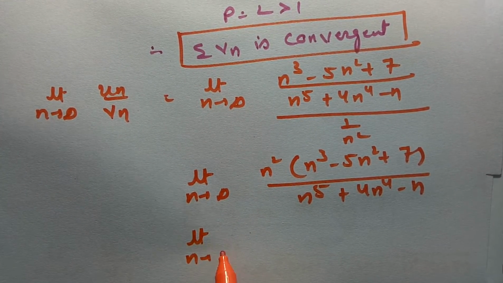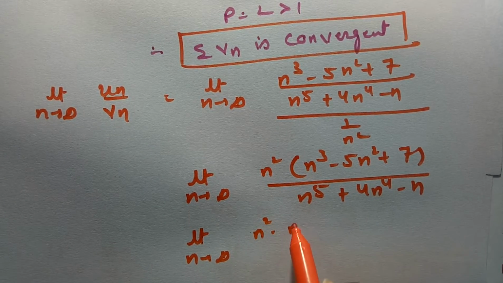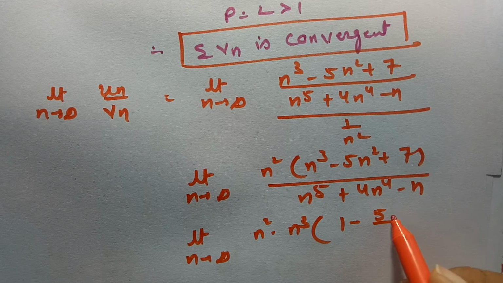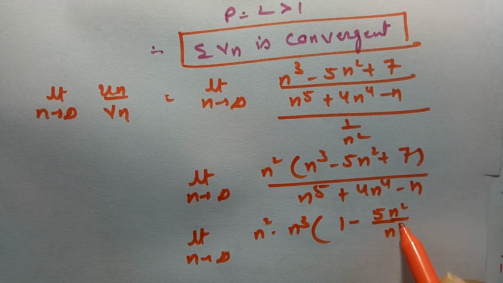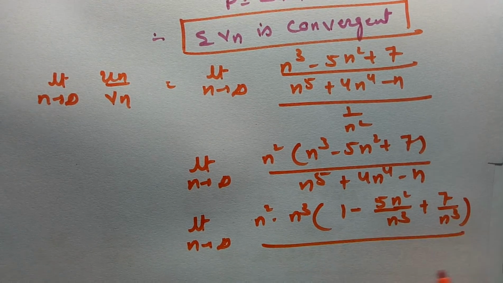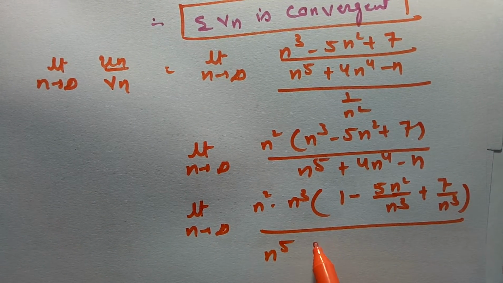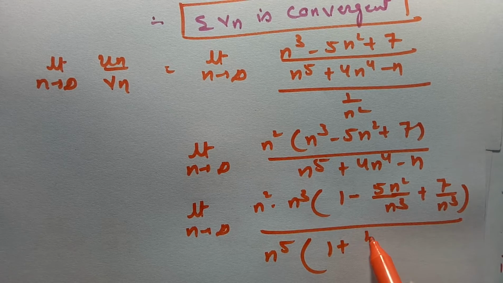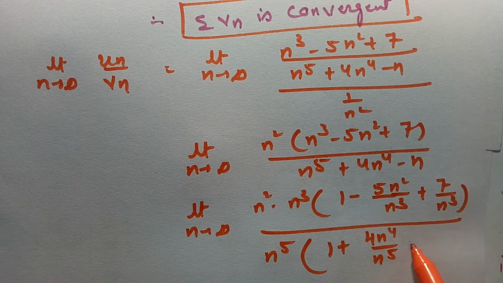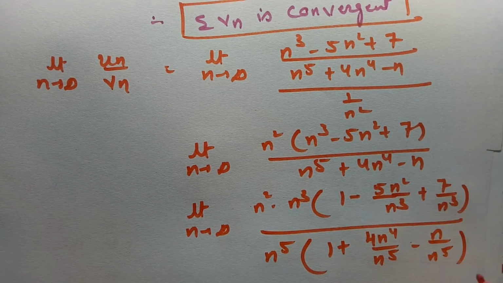So this will be limit n tends to infinity n square. If I take n cube common in the numerator, and n power 5 common in the denominator, then it will be 1 plus 4 by n minus 1 by n power 4 in the denominator.